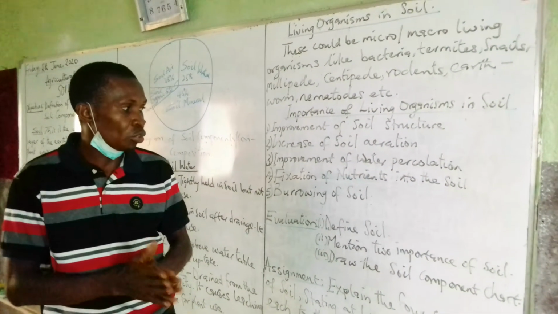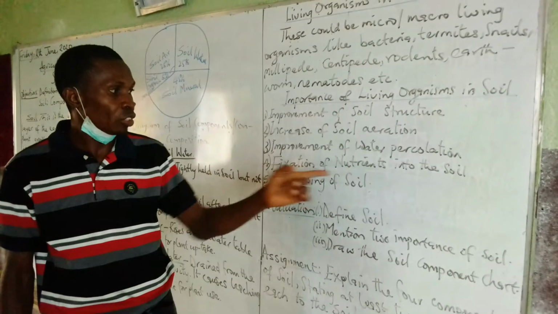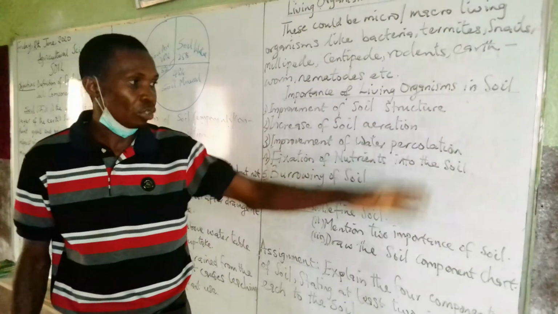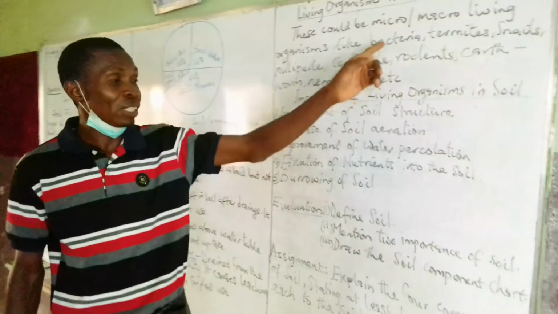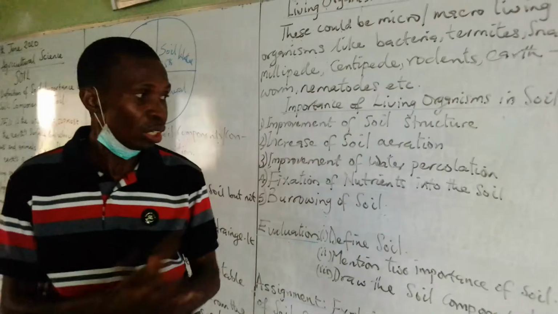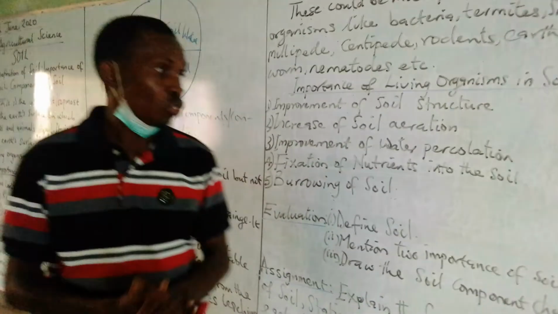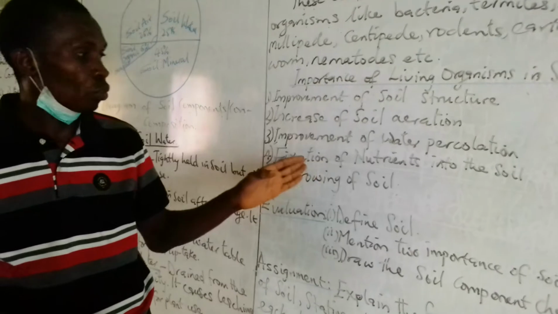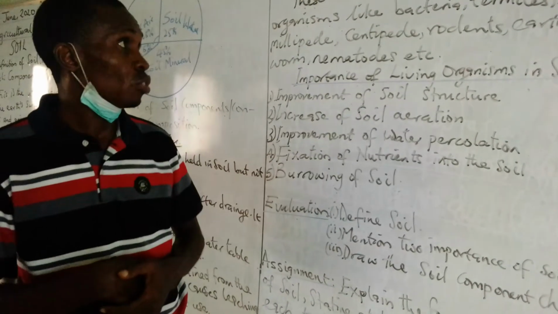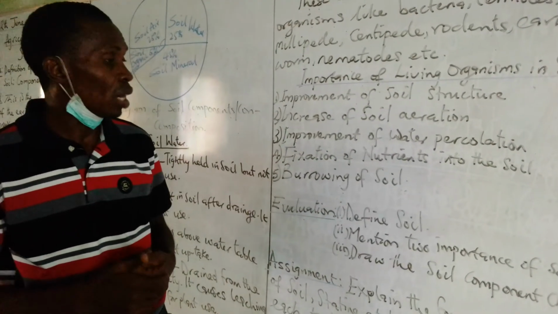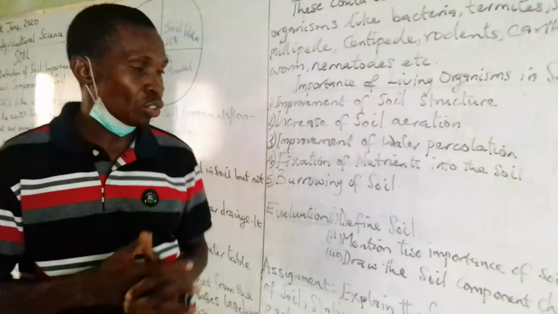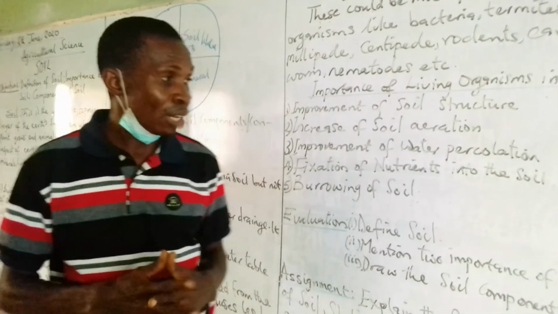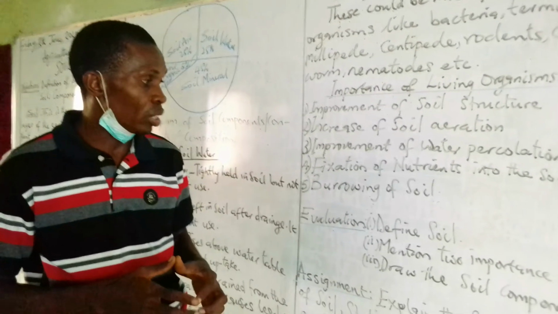Then there is fixation of nutrients into the soil. An example is bacteria that fix nitrogen into what? The soil, as well as the root nodules also fix nitrogen into the soil. So these living organisms help a lot to improve the soil for the betterment of plant growth and animal rearing.